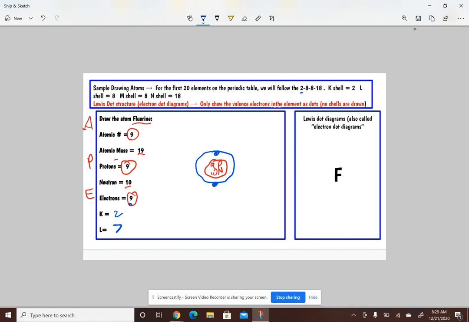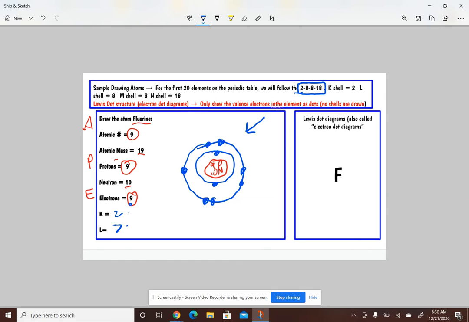If you look at this, 7 plus 2 is 9. So 7 electrons go in my next shell: 1, 2, 3, 4, 5, 6, 7 electrons. Now, that is how we would draw our atom, by following the rules that we learned for drawing atoms.